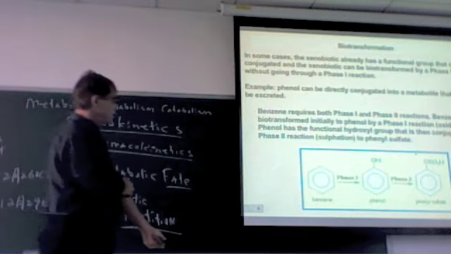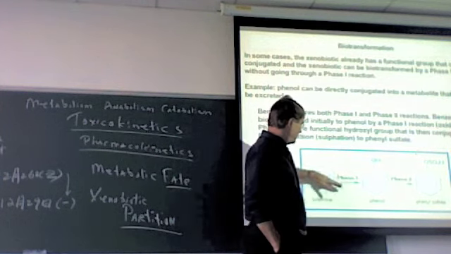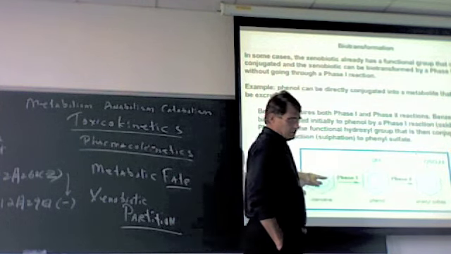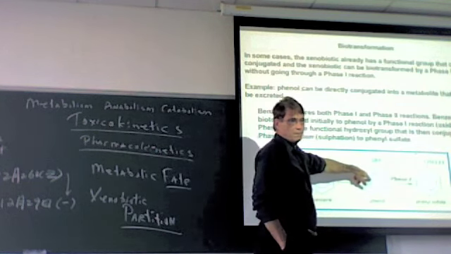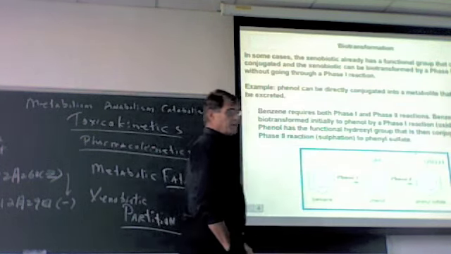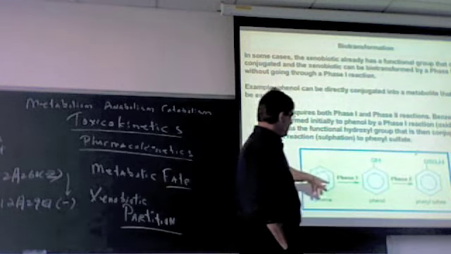Yeah, so this is what I just said. Benzene, for example, is a xenobiotic that would come in. It could be transformed by the phase 1 enzymes into something more hydrophilic. So phenol is a lot more water soluble than benzene. Still very toxic.